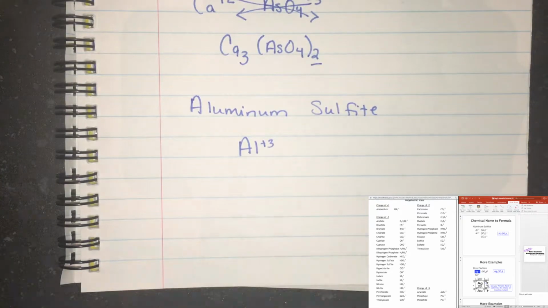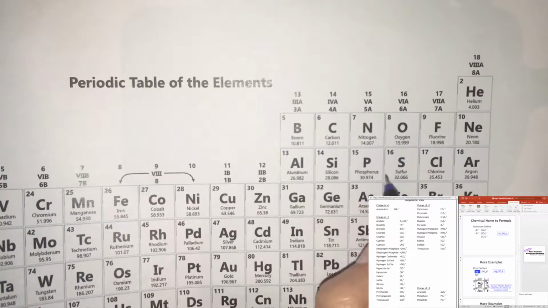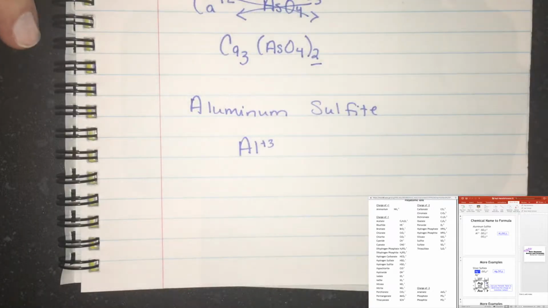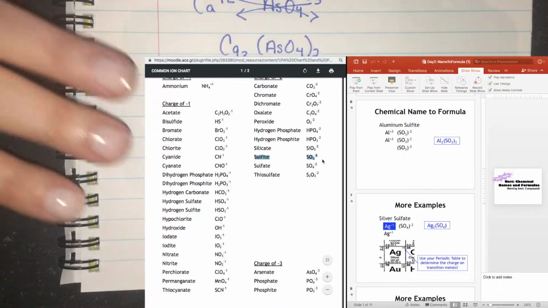So sulfite, this is a common mistake my kids make every year. Sulfite is not this, okay? Look on the screen where the PowerPoint is, and we need to look at this chart to determine where sulfite is and what it looks like. So sulfite, if you'll just scroll down and look through it, you'll find it. And it's right here. So sulfite is SO3 with a -2 charge.